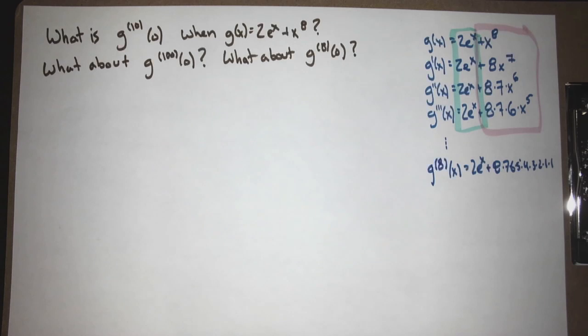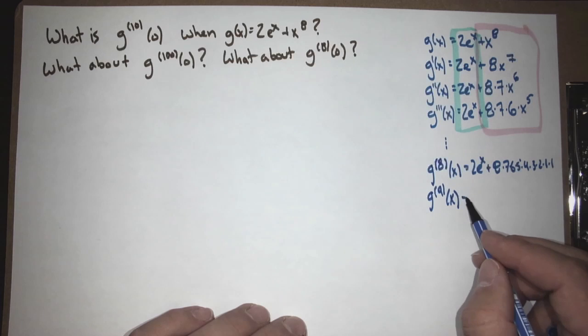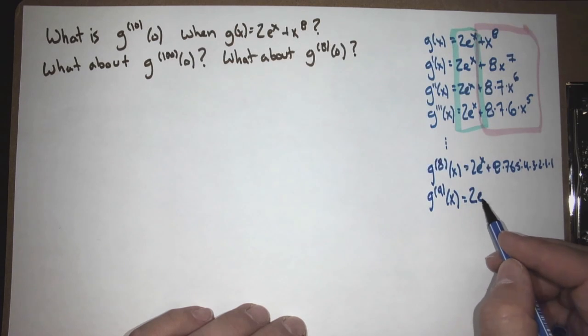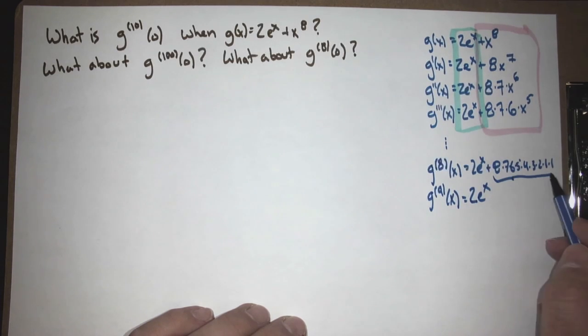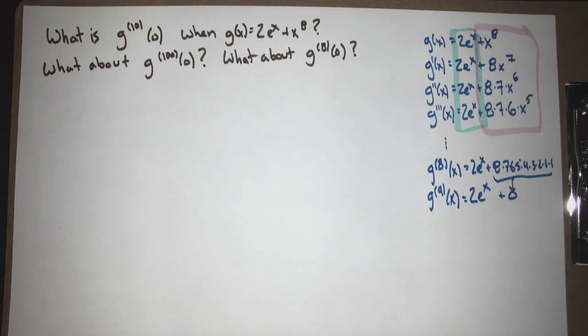So if I start at the 8th power, x to the 8, and I want to get to a power x to 0, I had to have gone 8 steps. When we take this next derivative, what happens? Well, the 2e to the x is 2e to the x. And then this part is 0. So we're not going to get negative powers because we get down to x to the 0, which is 1, which is a constant.